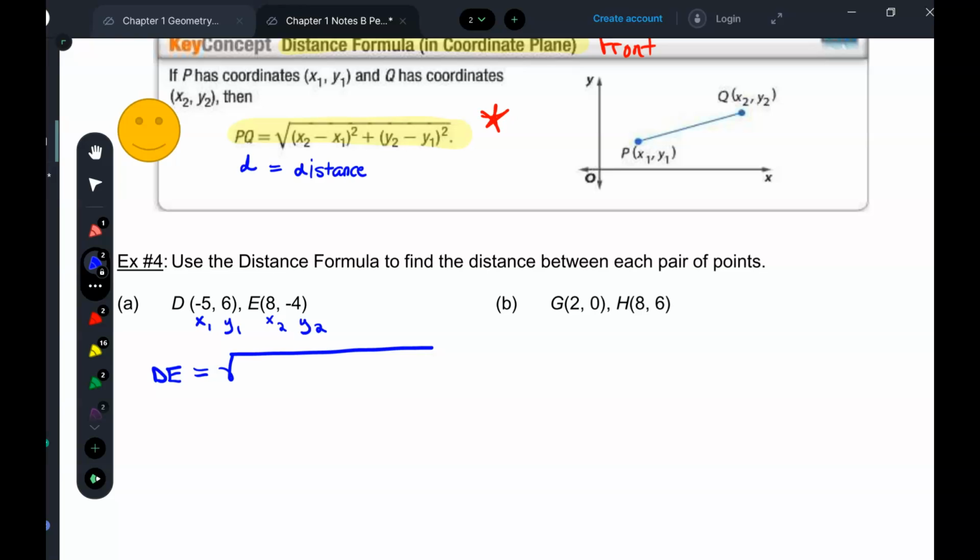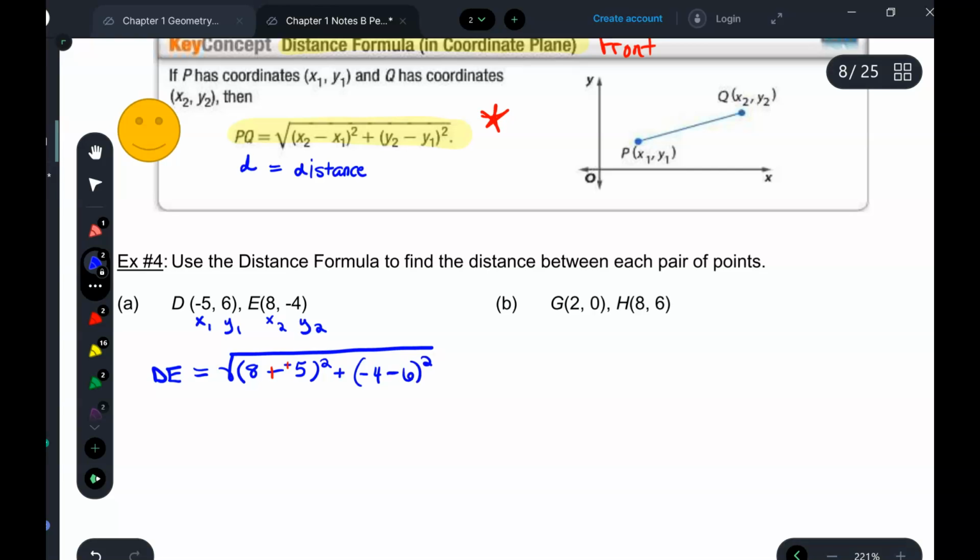In the first set of parentheses, I want to take x2 minus x1. So that's going to be 8 minus negative 5. That'll turn it into a plus 5. And then we have y2, so that's negative 4 minus y1.